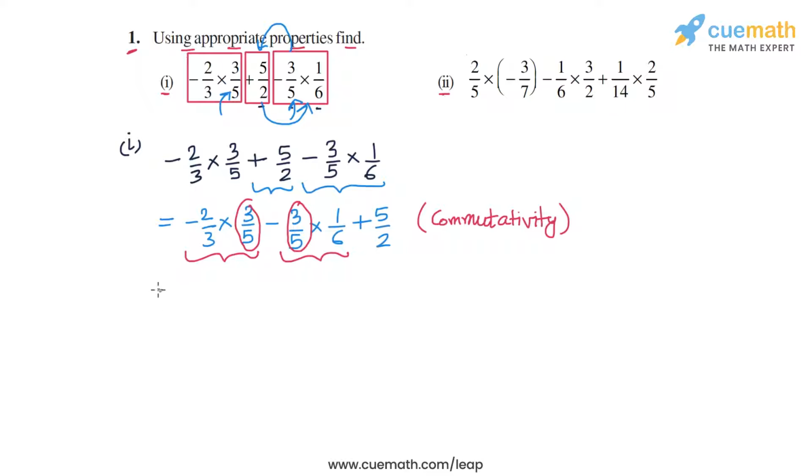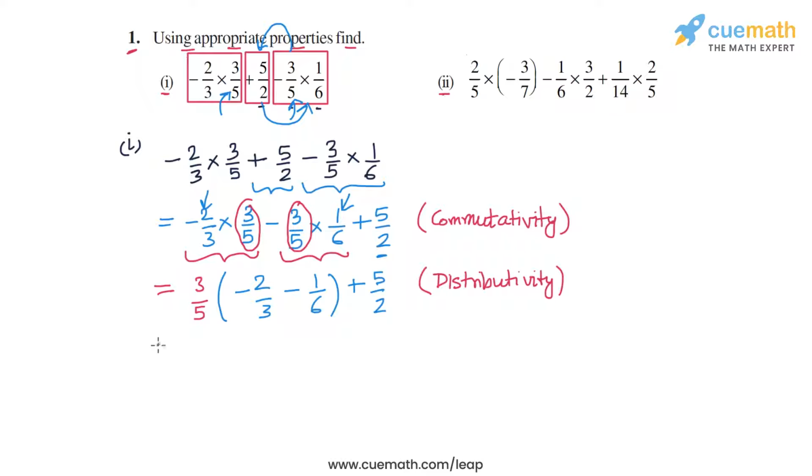So we write the common term 3 by 5, and then inside the bracket we will have minus 2 by 3, and then minus 1 by 6, which is from the second term. So minus 2 by 3 minus 1 by 6, and then we have this plus 5 by 2. The second step we could do because of distributivity of multiplication.